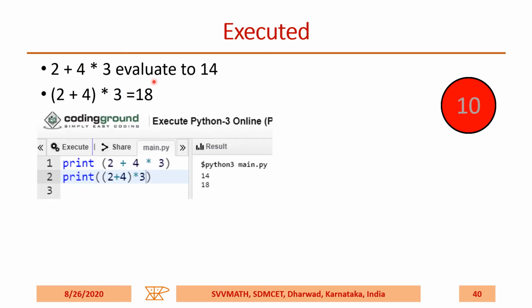Now it is executed. Observe the instructions I have written and the result also. I got 14 when I typed 2 plus 4 into 3. When I wrote 2 plus 4 in parentheses into 3, the answer is 18.